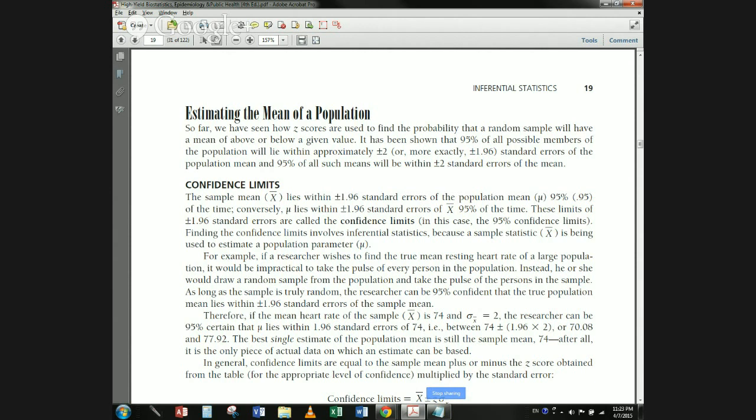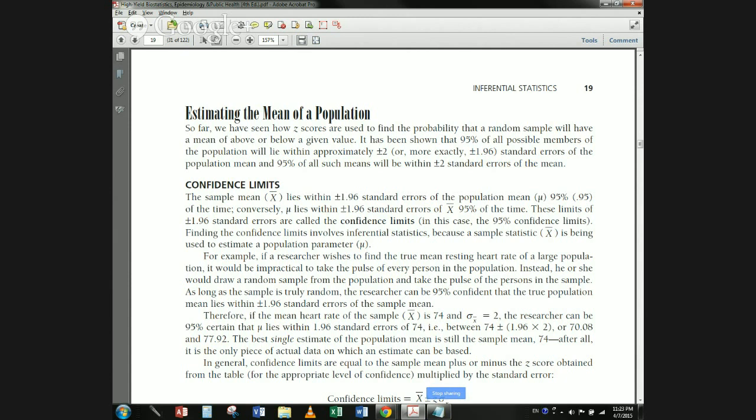These limits of plus and minus 1.96 standard errors are called confidence limits, and these are the 95% confidence limits. Finding the confidence limits involves inferential statistics because a sample statistic is being used to estimate a population parameter.